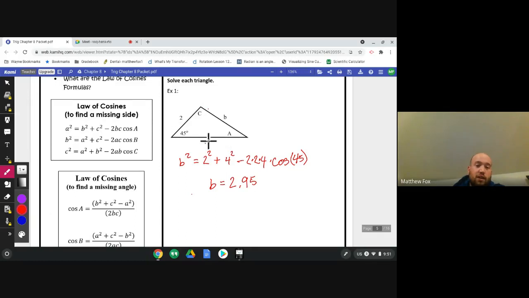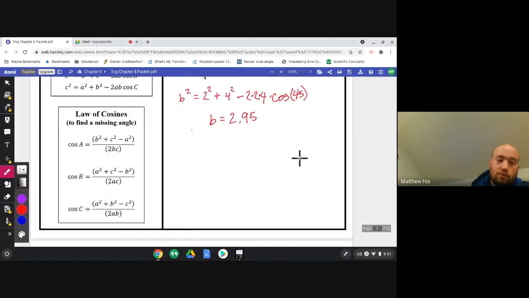So angle A, to do this, we will take the cosine of A equals, and then we're going to fill it in right here. Now, B squared we just found, so this is all on top. So 2.95 squared plus, let me scroll so we can see.